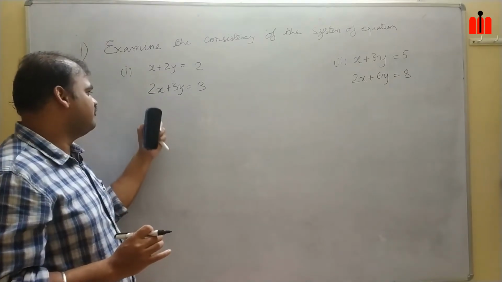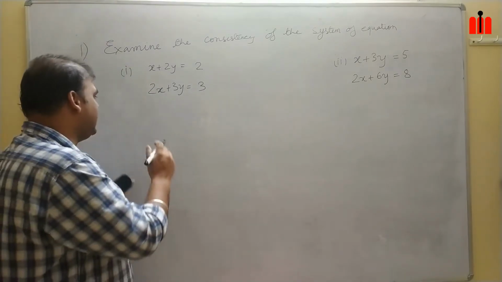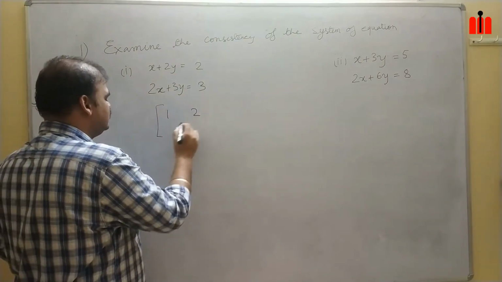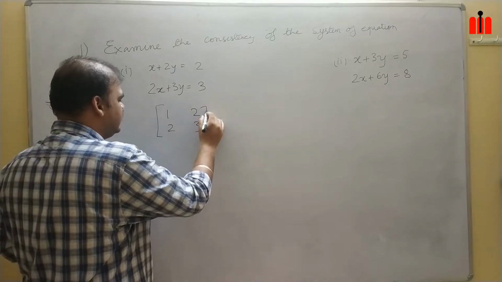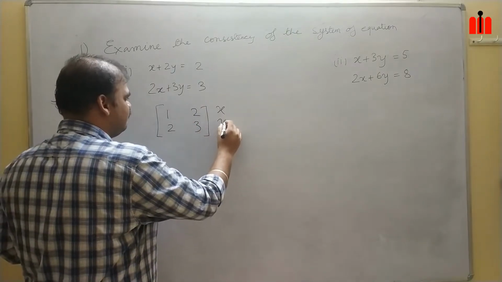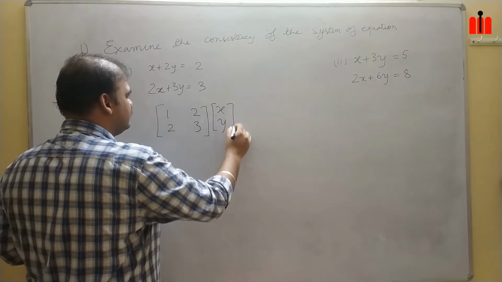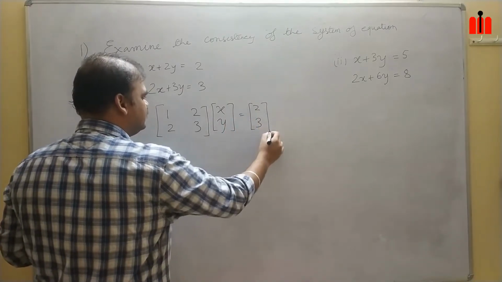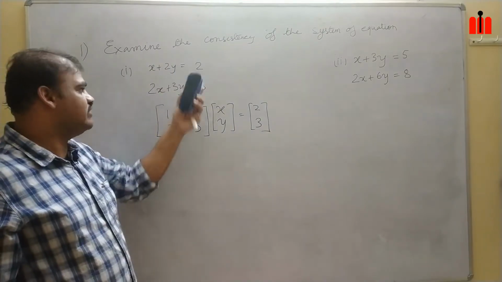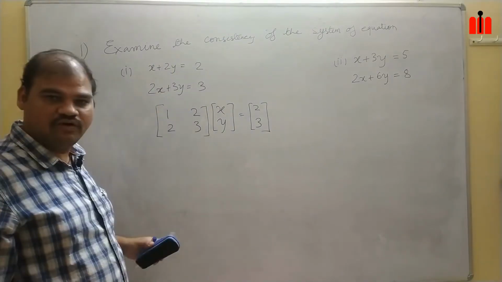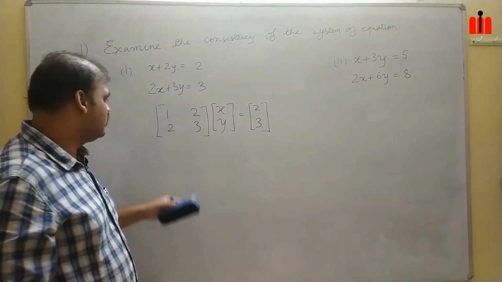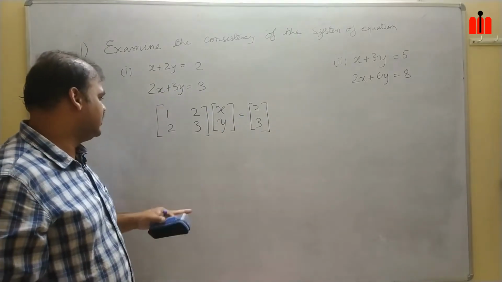For this, how can we write it in matrix form? Matrix form we can write as [1, 2; 2, 3] times [x; y] equal to [2; 3]. That is, x plus 2y equal to 2, and 2x plus 3y equal to 3.